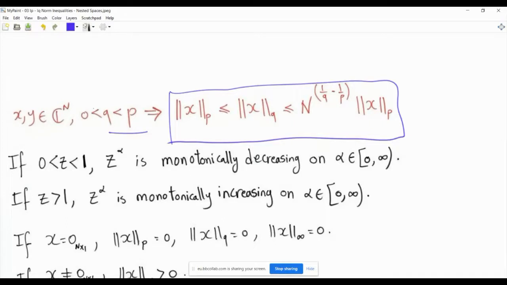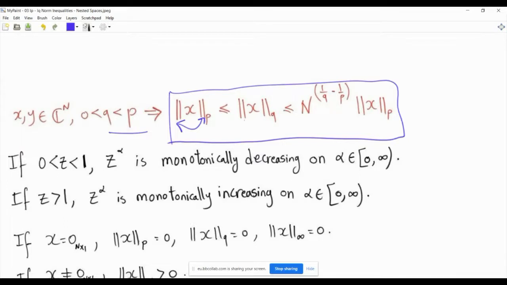and actually this is true even if we define things from 0. But for those to be actual mathematical norms, you should start from 1.